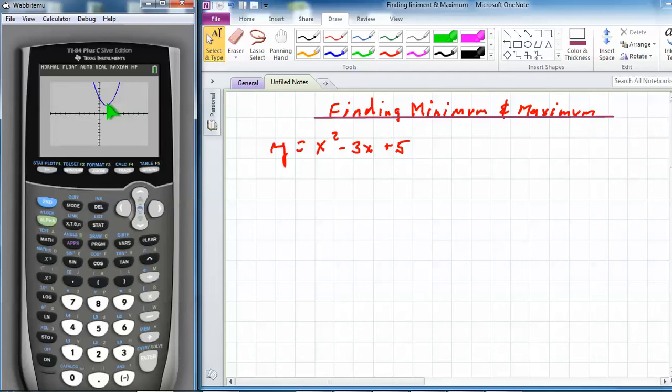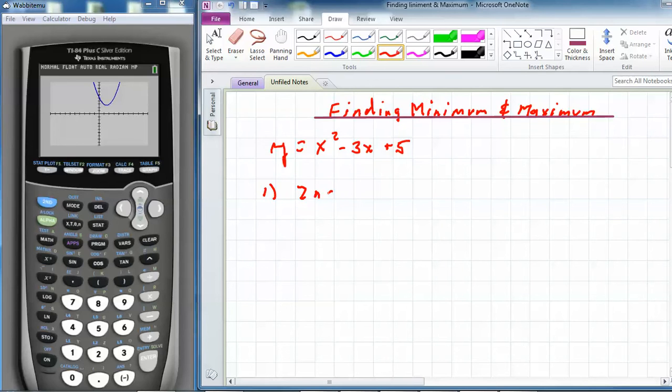So what we do for finding minimum and maximum is go to second calc, which is this button right here.